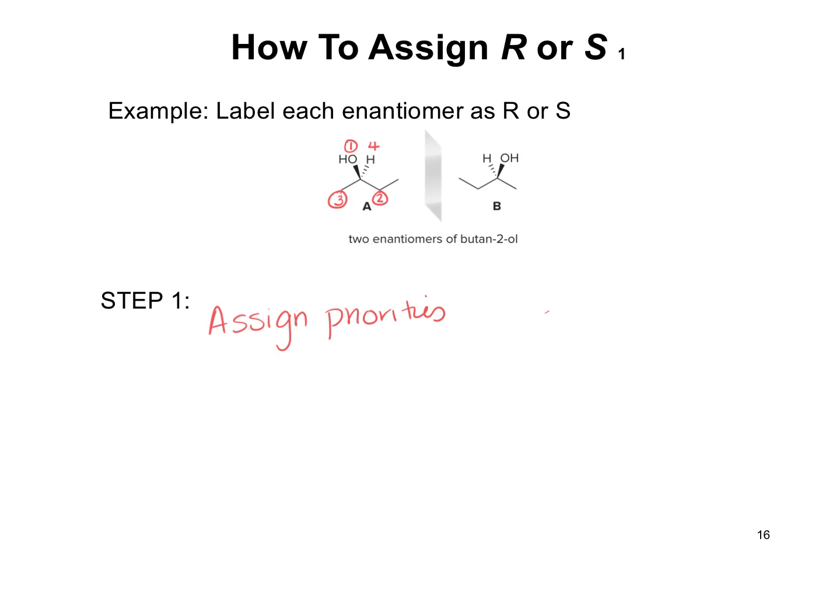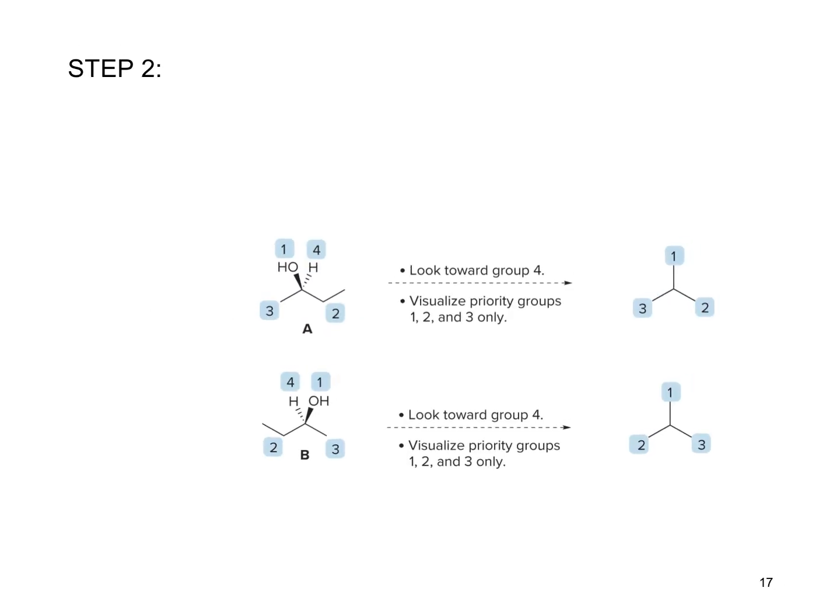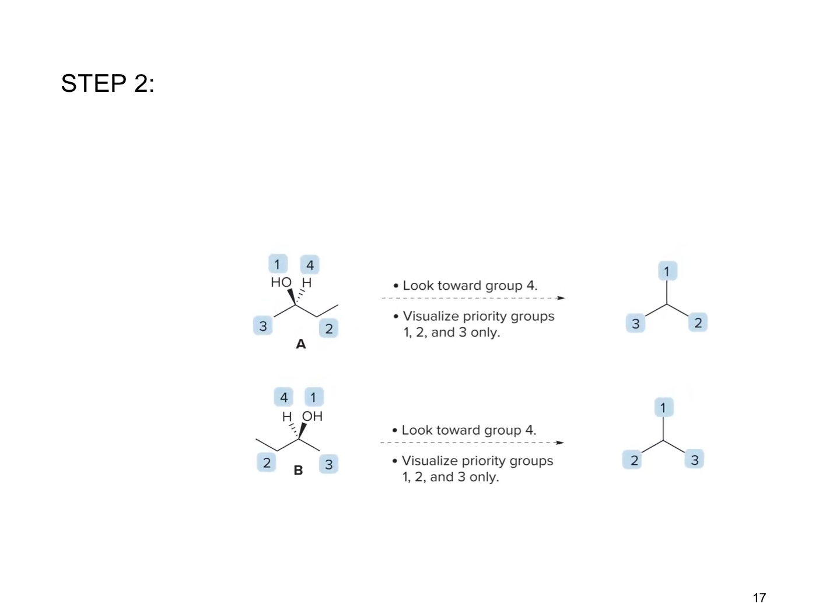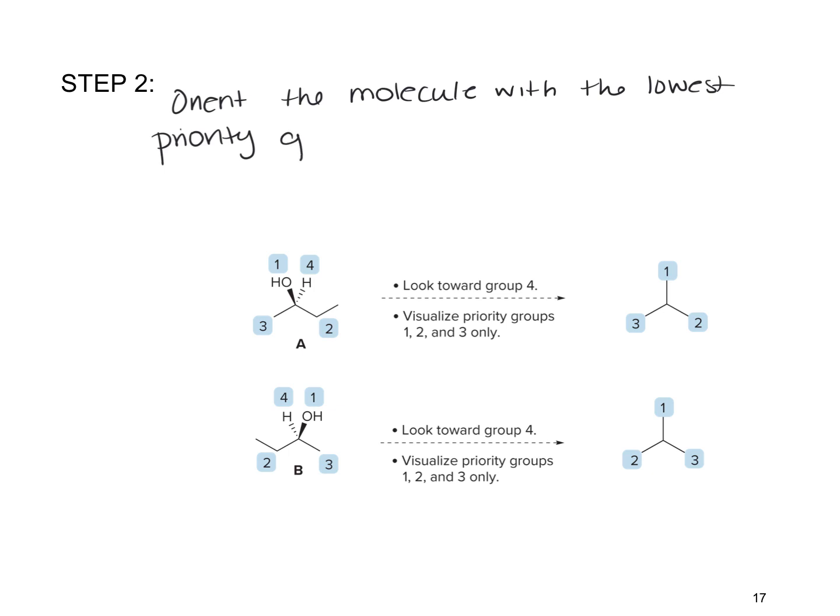Okay. Then we go to step 2. And in step 2, we need to orient the molecule with the lowest priority group on the back dashed wedge.